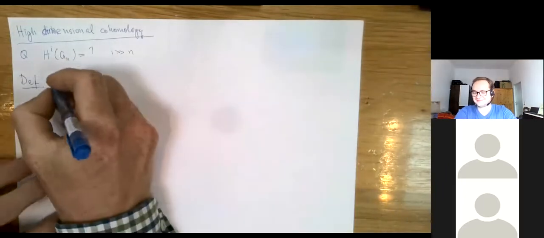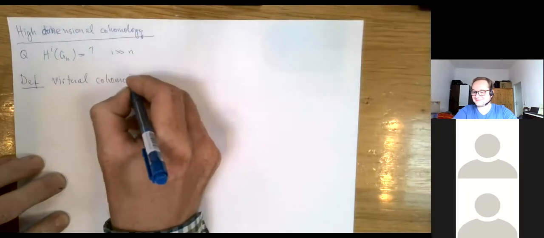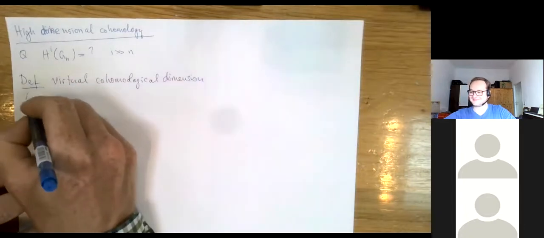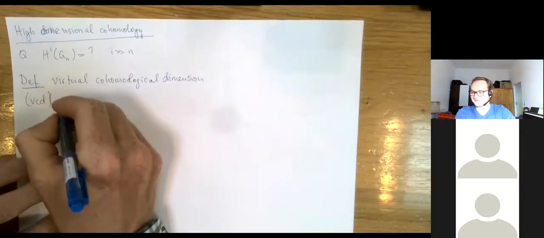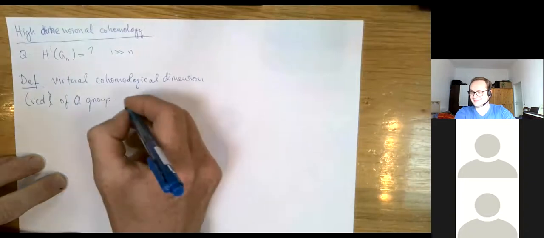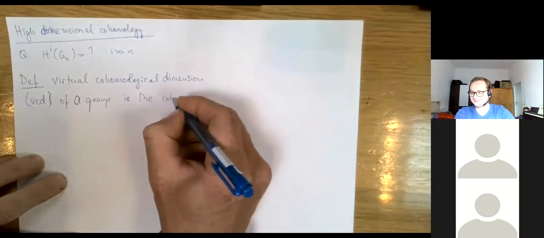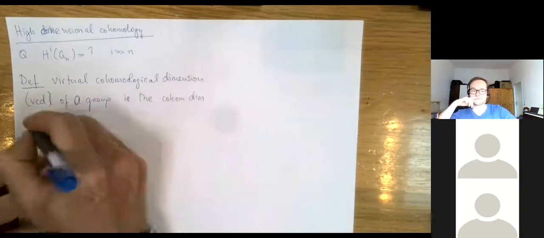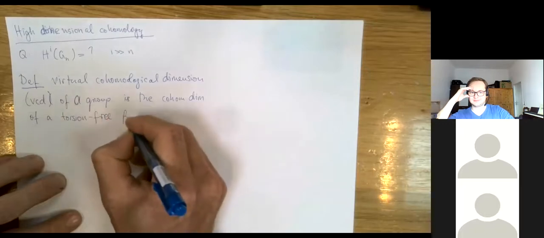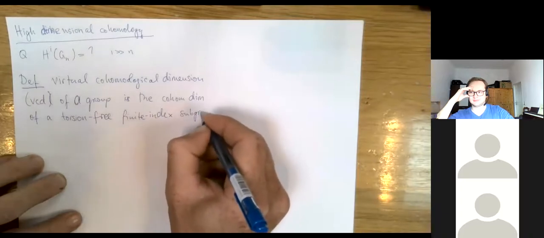The virtual cohomological dimension, or VCD, of a group is the cohomological dimension of a torsion-free finite index subgroup, if it exists.